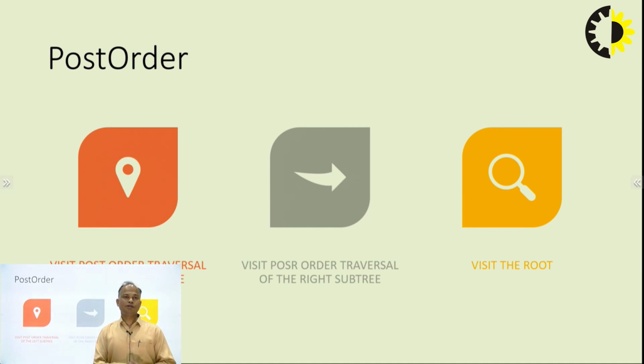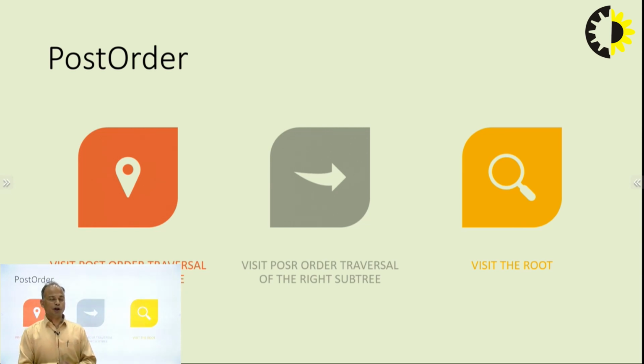This post-order traversal has 3 steps. First, visit the left subtree in post-order sequence. Then visit the right subtree in post-order sequence, and finally visit the root.